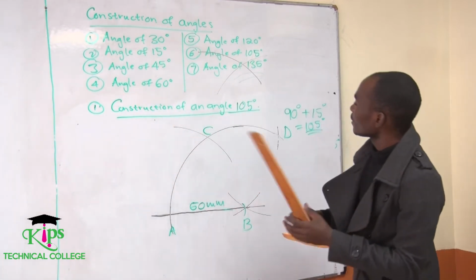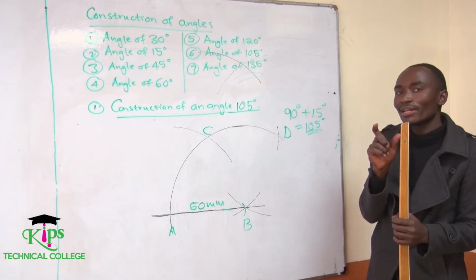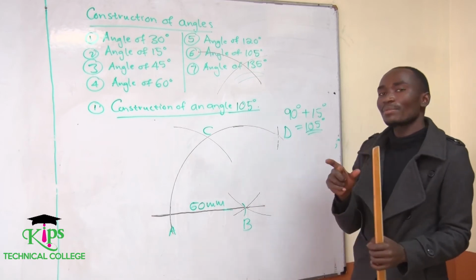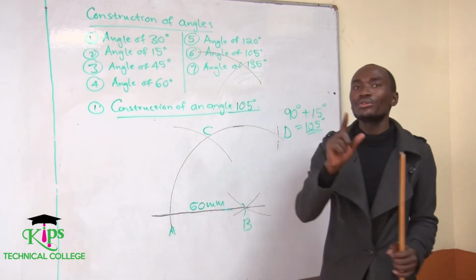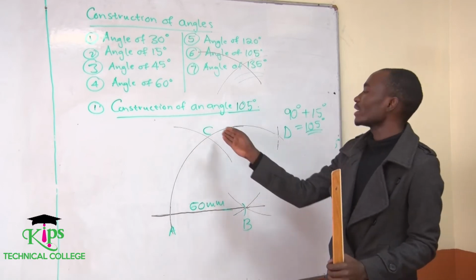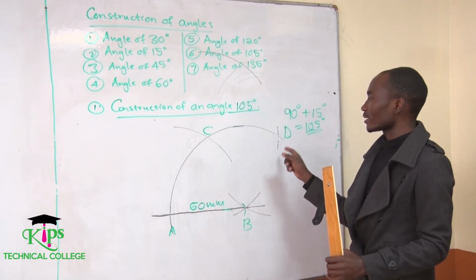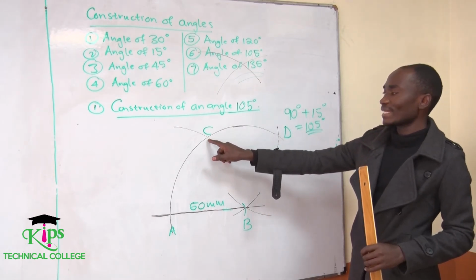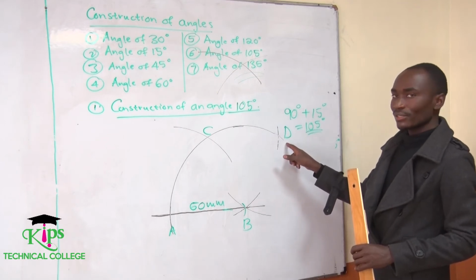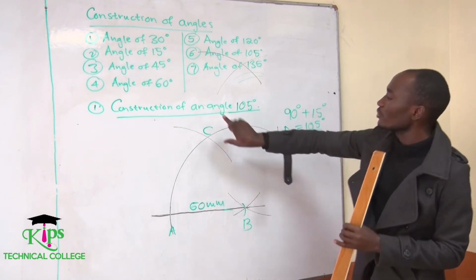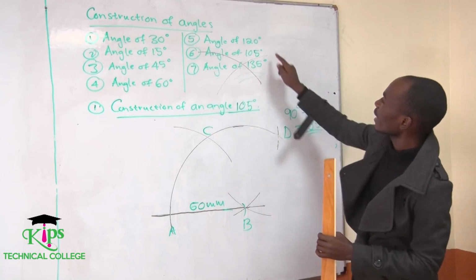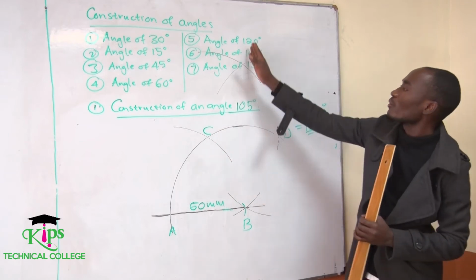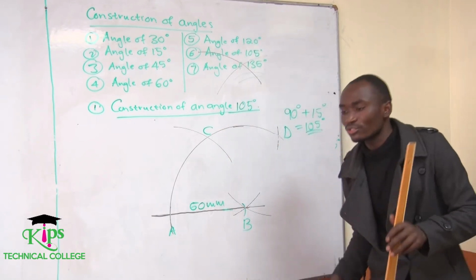So you can see that there is another formula that you can use to come up with the angle of 90 degrees. You stretch up your compass, get these measurements, use the same measurements to make an arc. Again, stand here, make another arc, another mark. What do you need to do? Now you need to subdivide points C and D. You need to bisect C and D. So you stand here, make a mark, stand here, make another mark. Then you just join those 2 points.